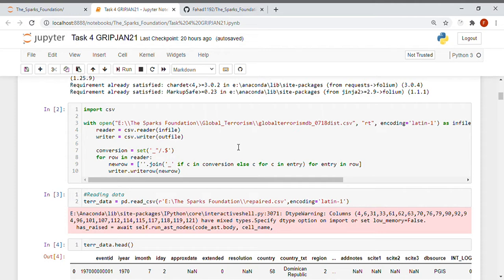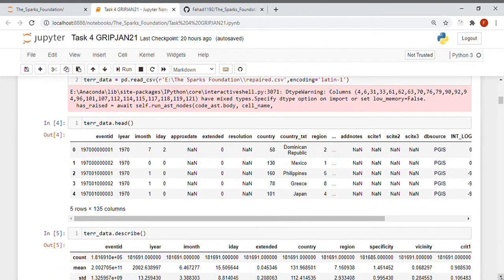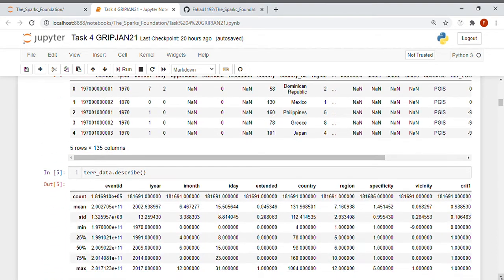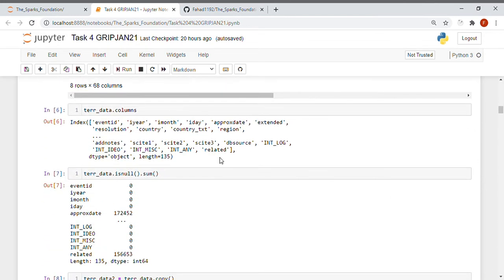In this dataset, there were some problems, so I have used some steps to clean the dataset so that it can be read easily through pandas. Having the dataset, these are the columns.